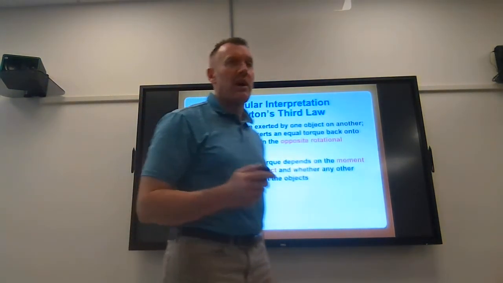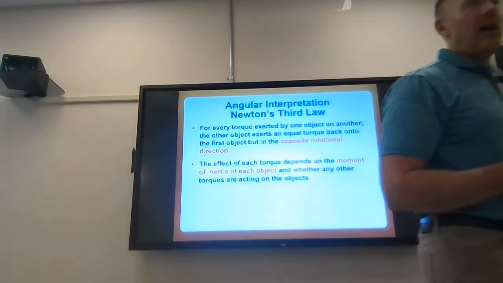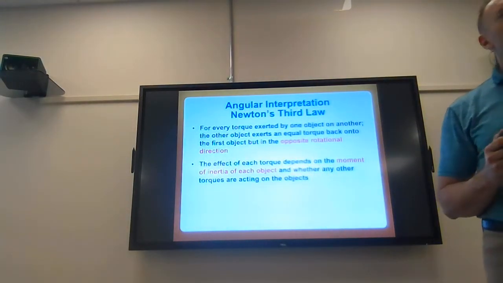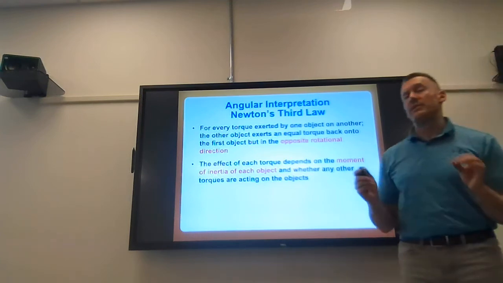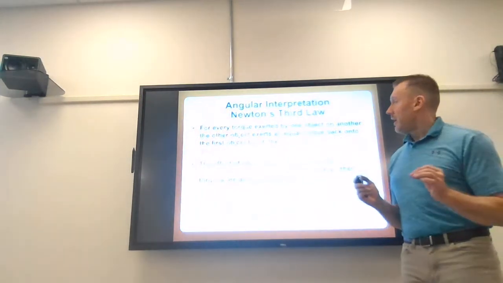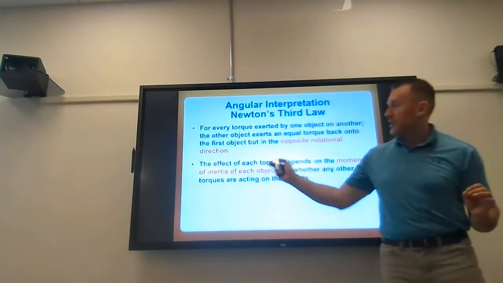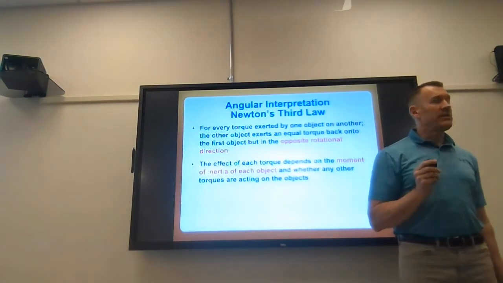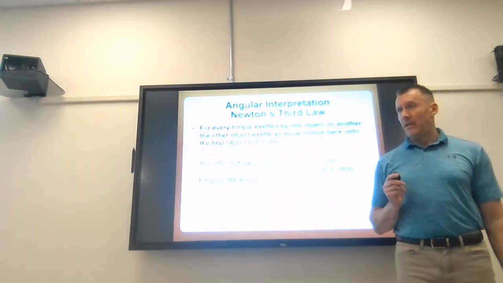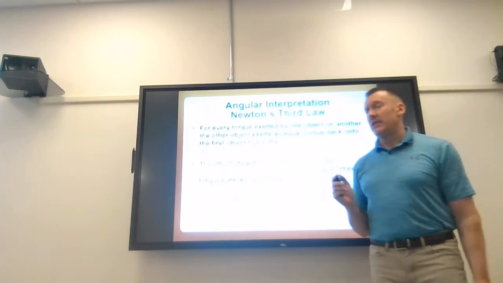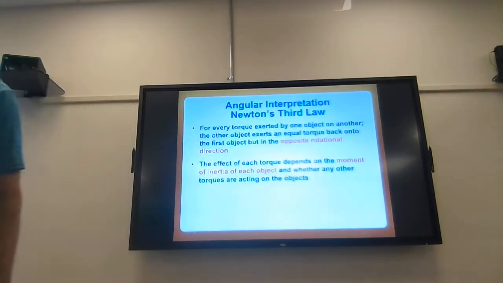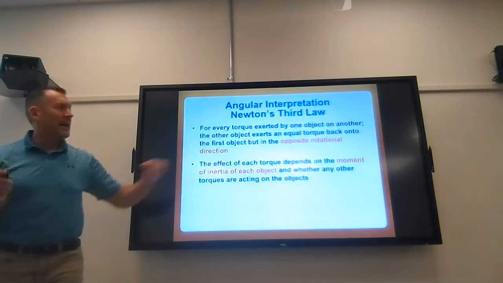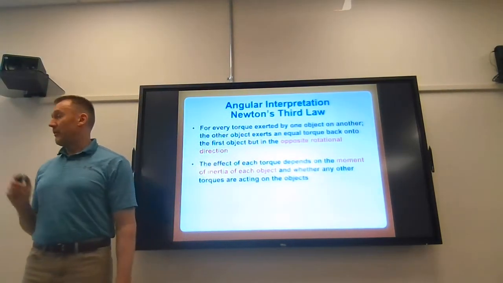So just as we saw with Newton's third law in the linear application, the effects of these equal and opposite torques depends on the moment of inertia of each object. So an object or body that has less moment of inertia will be impacted to a greater degree by a given amount of torque.